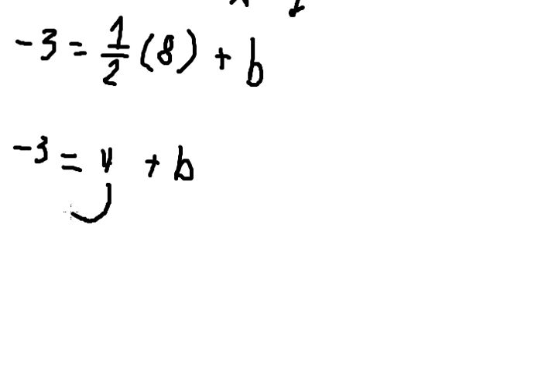So I will put 4 to the left, because we move this number across the equal sign. That means we need to change positive 4 here, positive 4 here into negative 4. Negative 3, negative 4, we have negative 7.